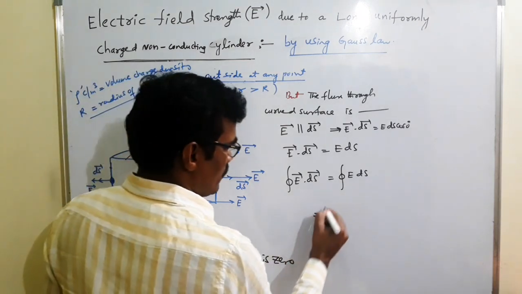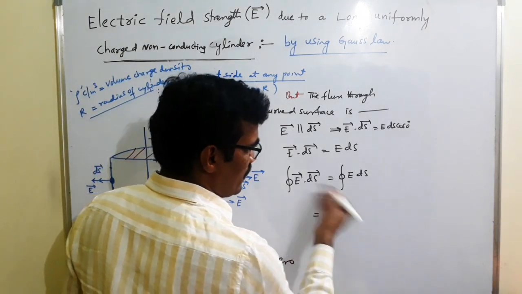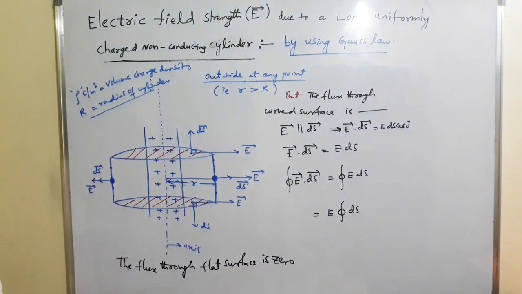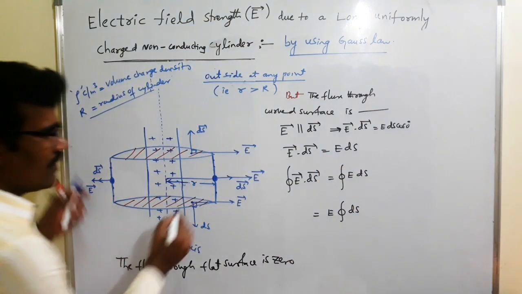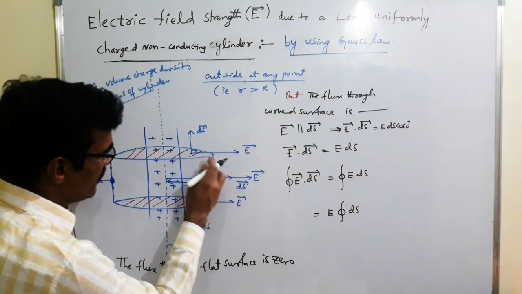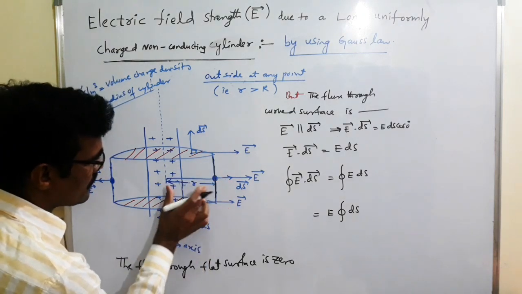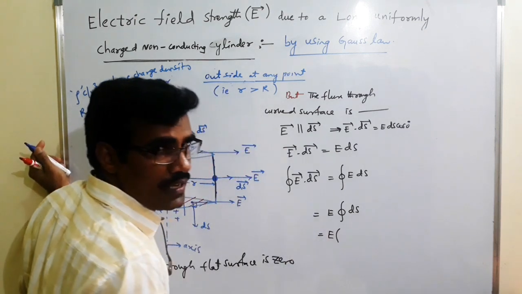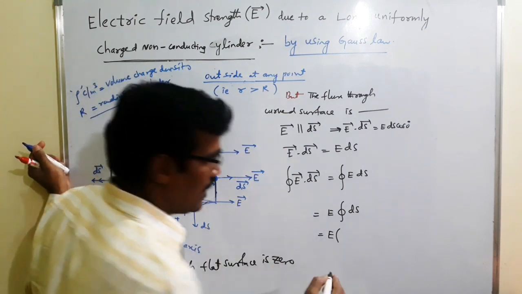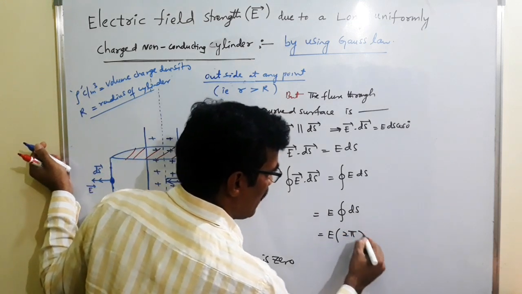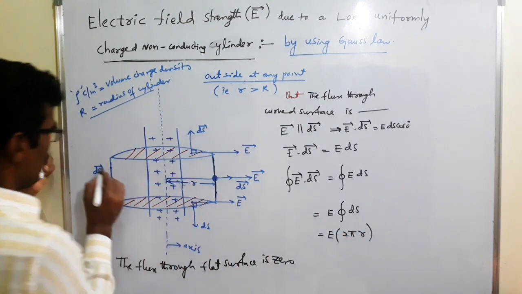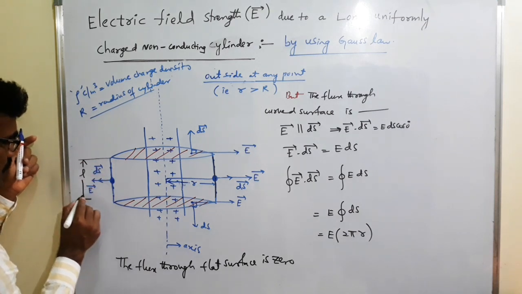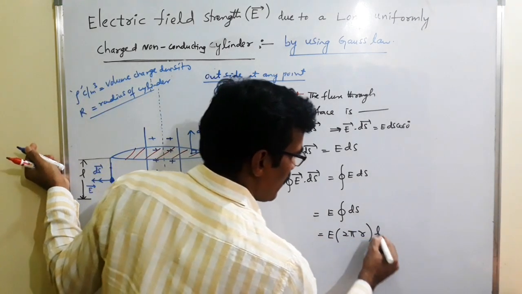Here E is constant, so integration ds is the curved surface area of the cylinder of radius small r, that is 2 pi r times the length L of the Gaussian cylinder.